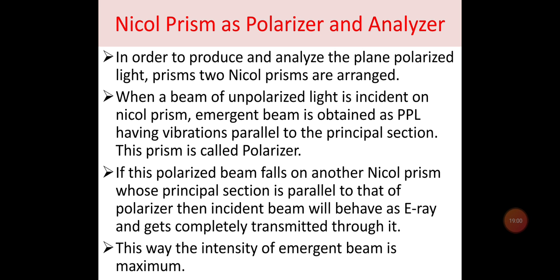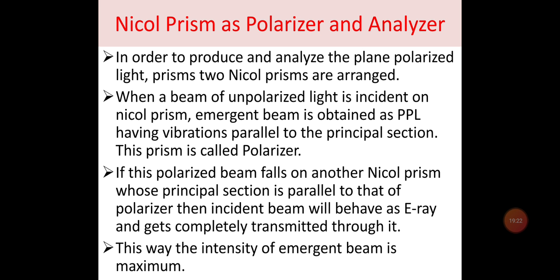If this ray falls on the second Nicol prism, acting as the analyzer, whose principal section is parallel to the polarizer, its vibrations will be in the principal section of A, hence the ray will behave as the E ray in the analyzer, and it will be completely transmitted and the intensity of the emergent light will be maximum.